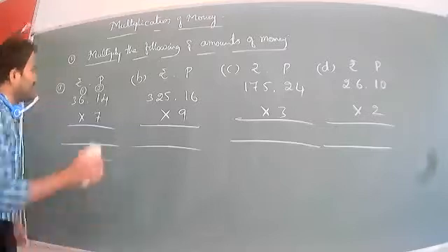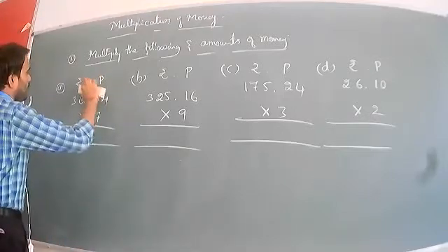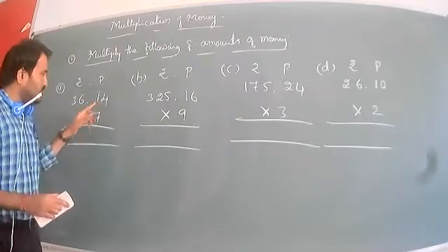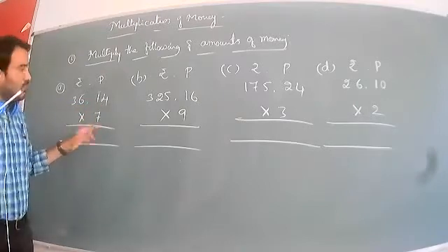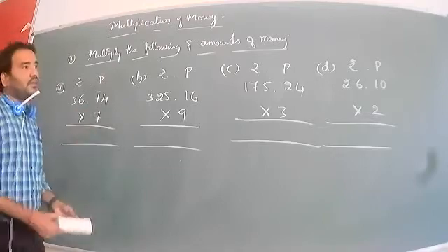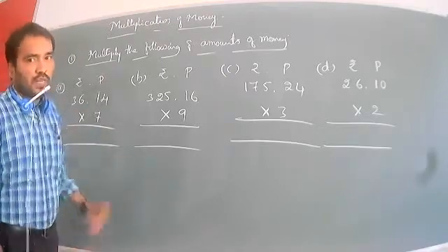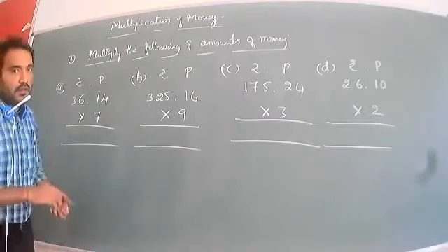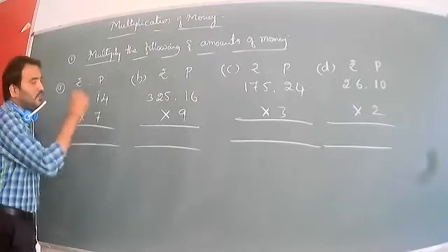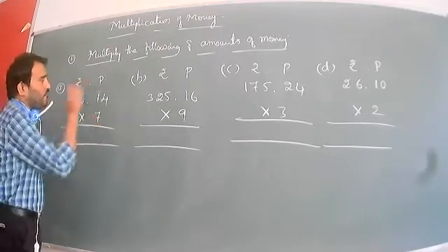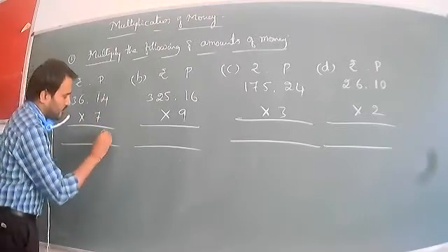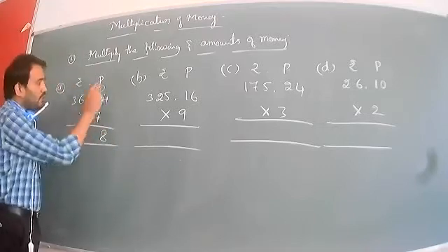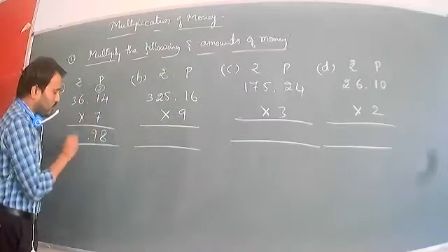Using that, first multiply 36 rupees 14 paisa into 7. As we have learned to multiply, it can be done. Now 7 into 4, 7 fours are 28, carry 2. 7 ones are 7, 7 plus 2 is 9, put the point.